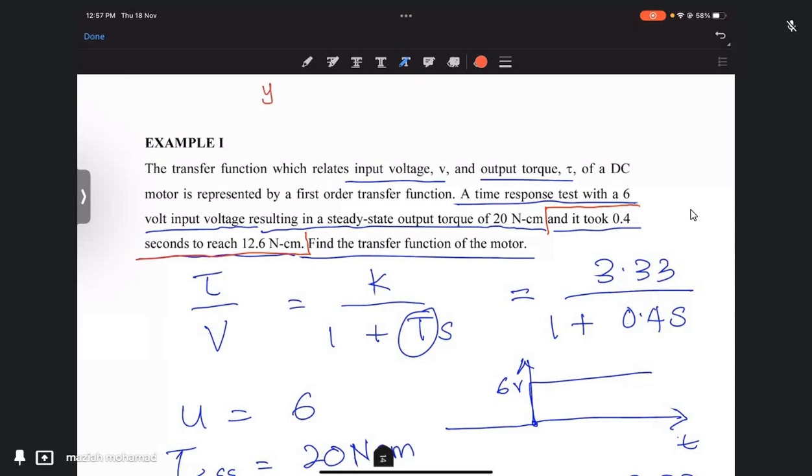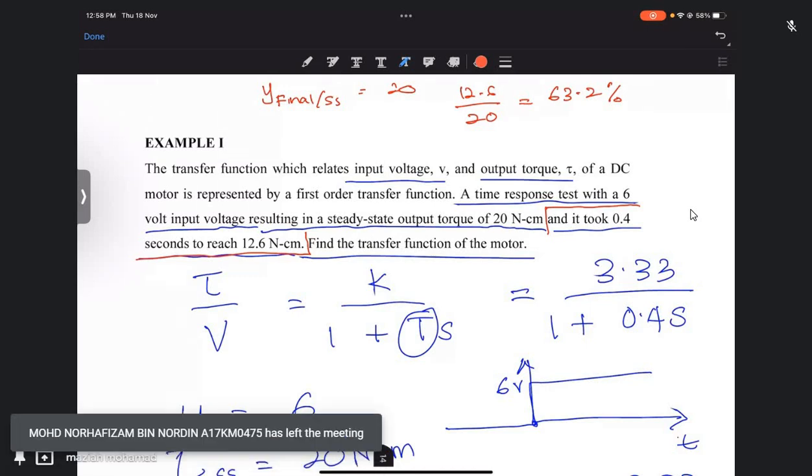Y final or Y steady state is equal to 20. So if you divide 12.6 over 20, this will give you 63.2%, or 0.632 if you don't use percentage.